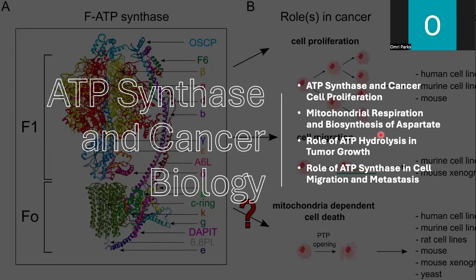So this basically means that cancer cells with higher mitochondrial activity, such as those with increased oxidative phosphorylation and increased mitochondrial function, or those with upregulated ATP synthase, tend to exhibit more aggressive behaviors, specifically the ability to move or migrate away from their original location.